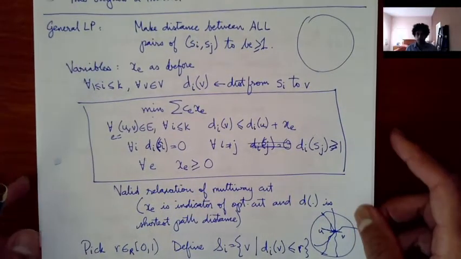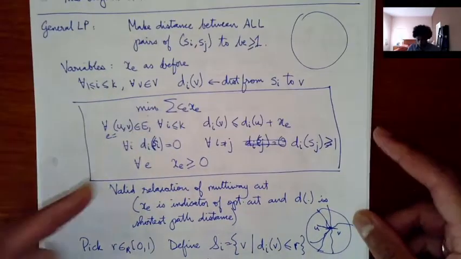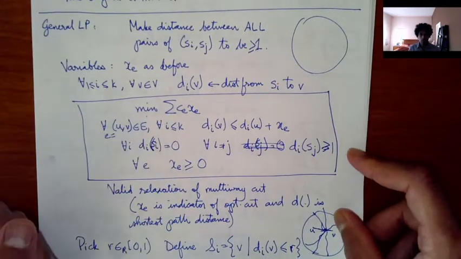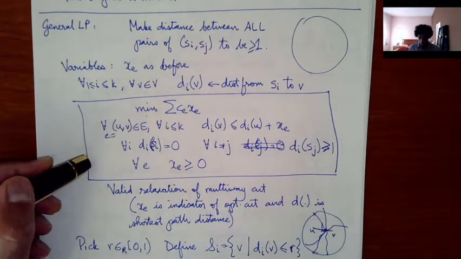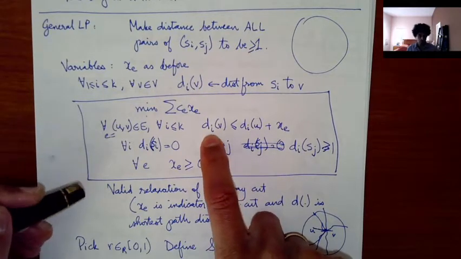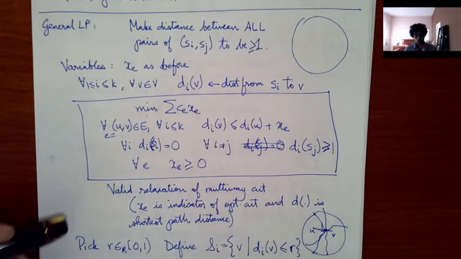Now, where we went from there was to think about an LP rounding scheme. So, inspired by min cut, we defined an LP for multi-way cut, which simply says that you have distance functions, the shortest path distance function from each of the terminals.